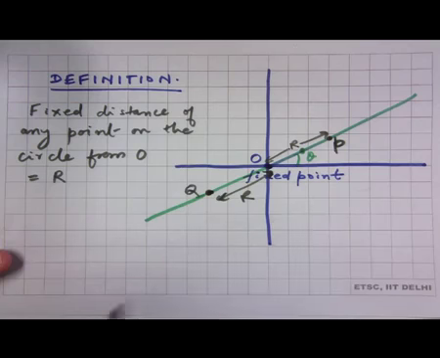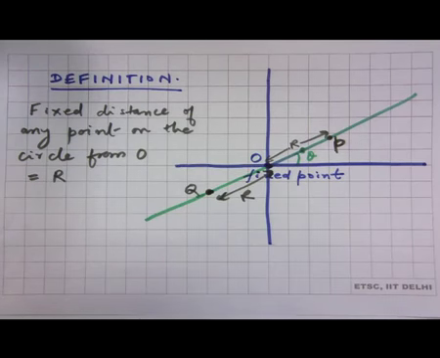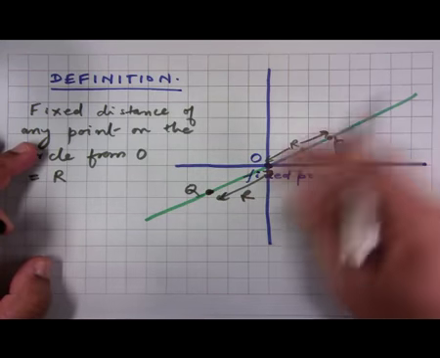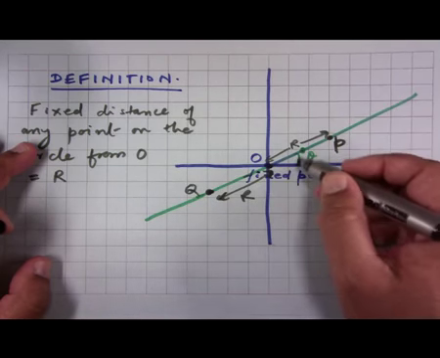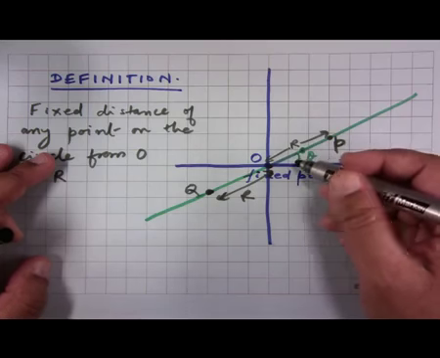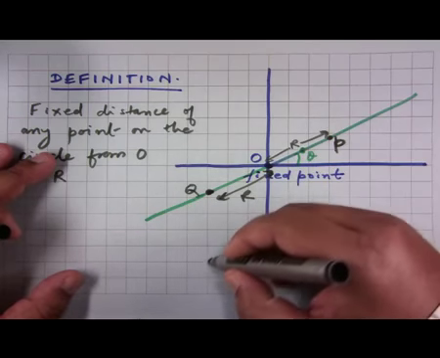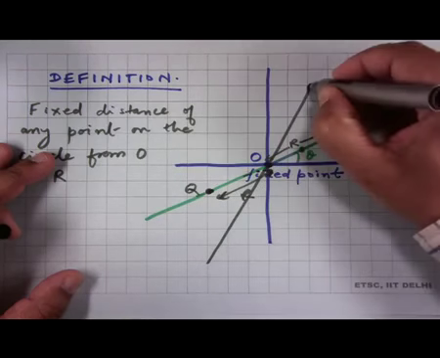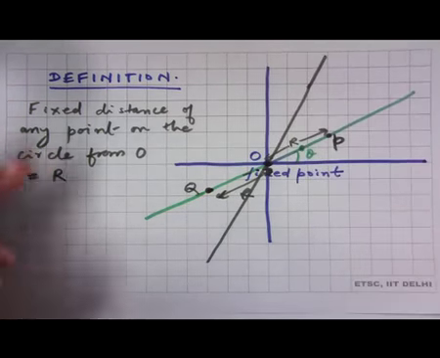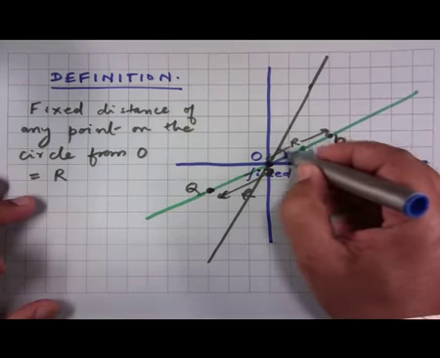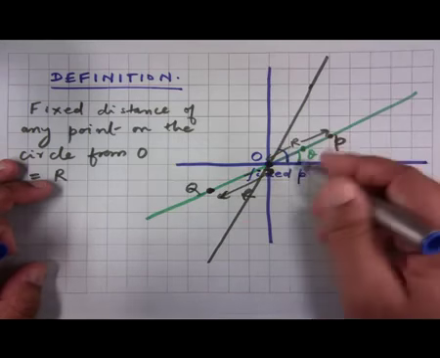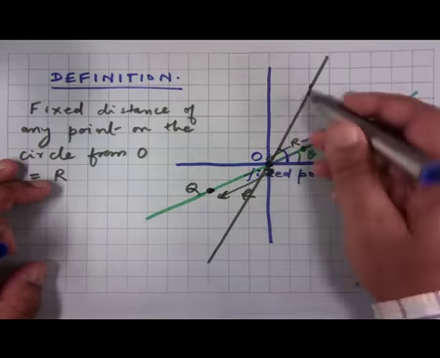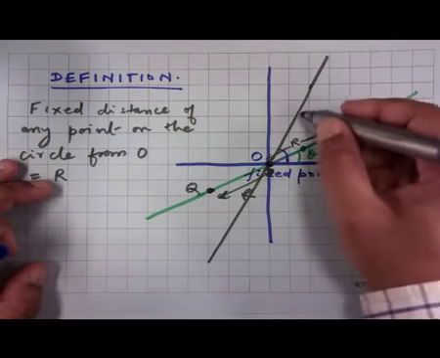Can we find more points like these? Of course, we can. It is not very difficult, because we can draw another straight line which again passes through O, but at some other angle. Instead of theta, it could be some other angle. So, for example, we have this straight line at some other angle with respect to the horizontal line. Again, on this straight line there will definitely exist some points.